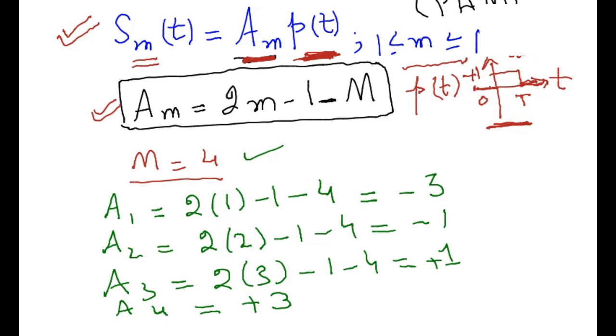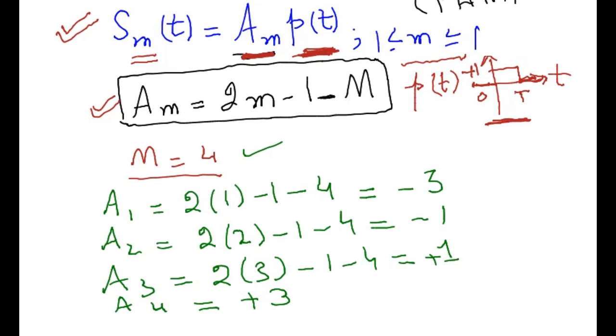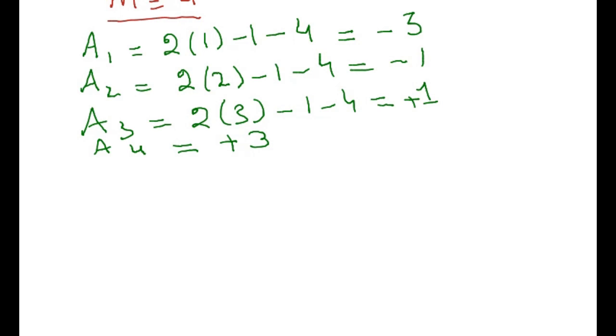Now if you go back and write this, we say that our Sm of t is Am p of t.